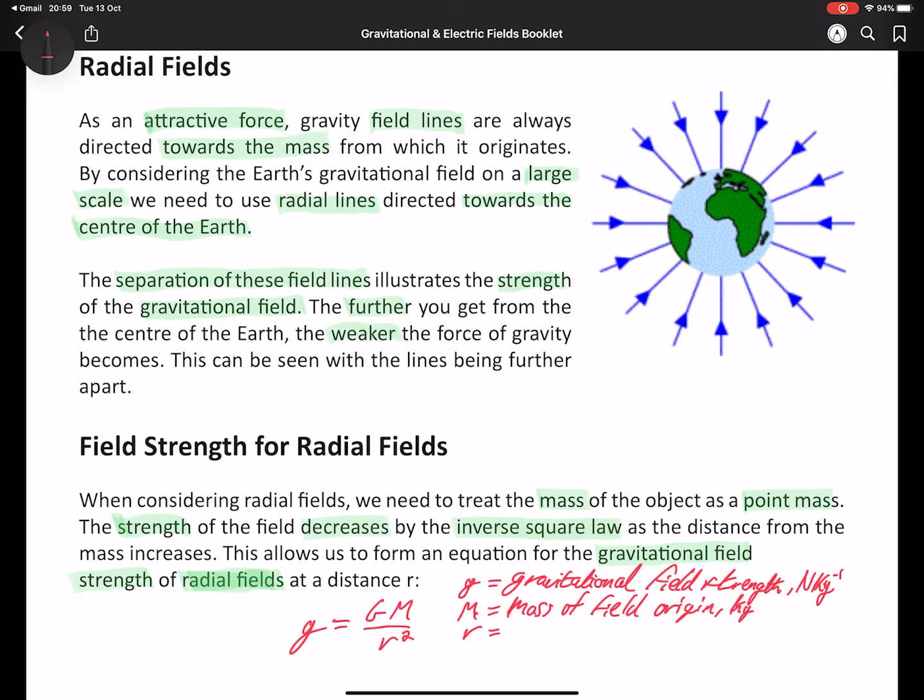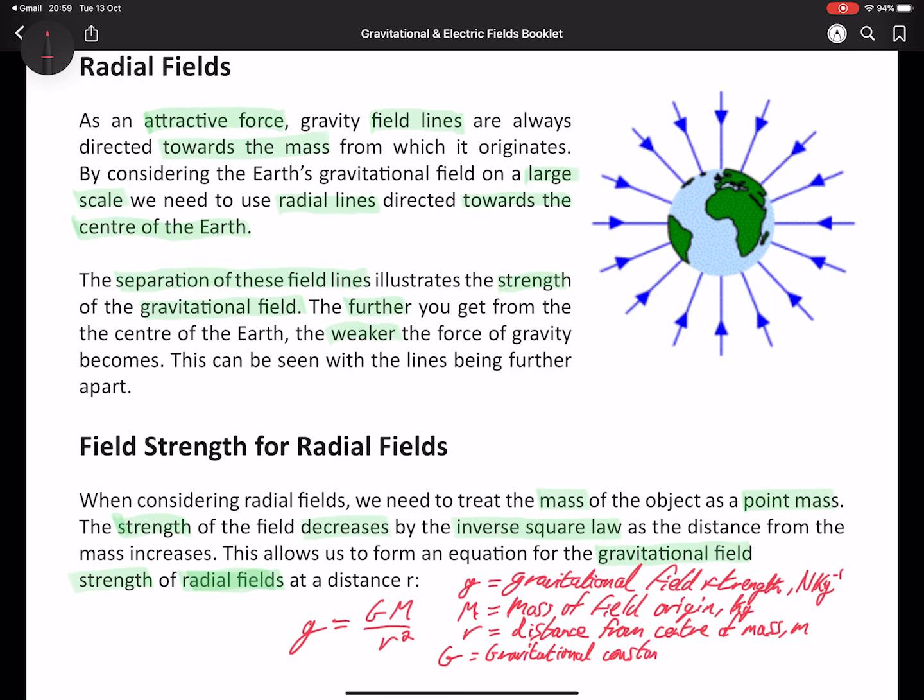r is the radius, as normal. But really what we're talking about is the distance from the center of this mass to the point we're considering. So if we want to know the gravitational field strength at a set point in orbit, for example, you'd have to measure from the center of the Earth. And big G is our new addition, the gravitational constant.